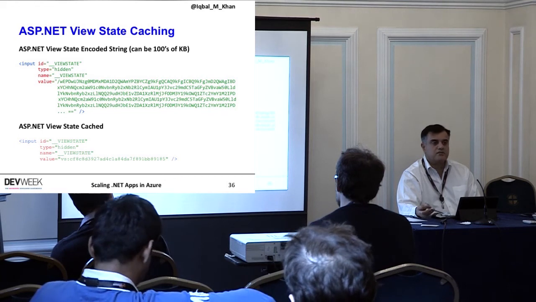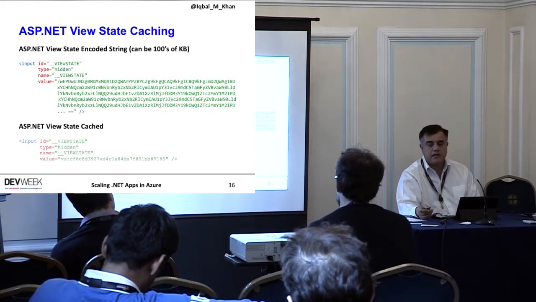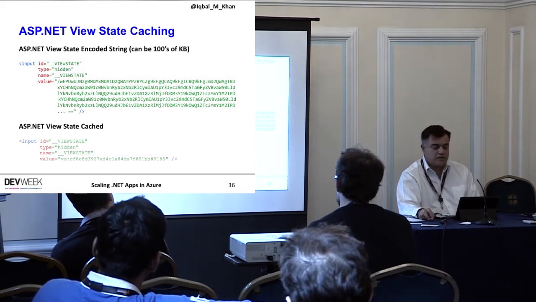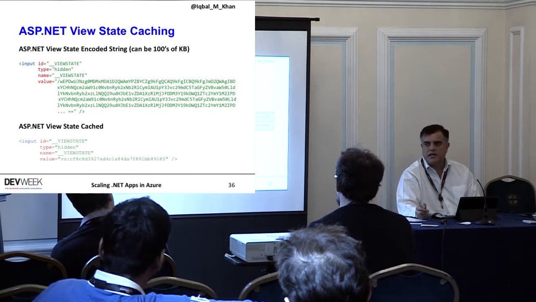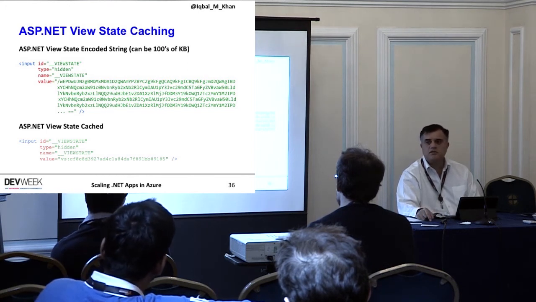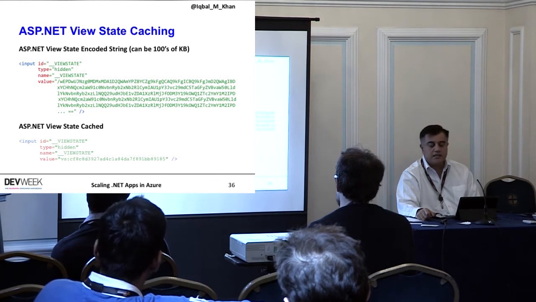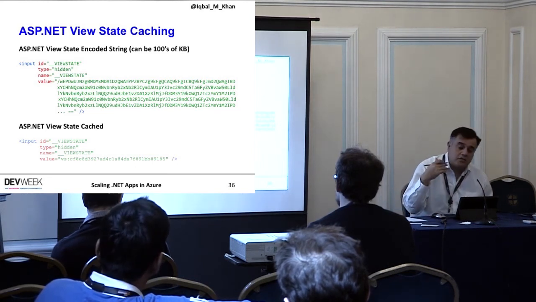I've seen companies who had hundreds of kilobytes of view state, and as soon as they cached it, immediately performance went up many times. So the response time becomes faster dramatically.